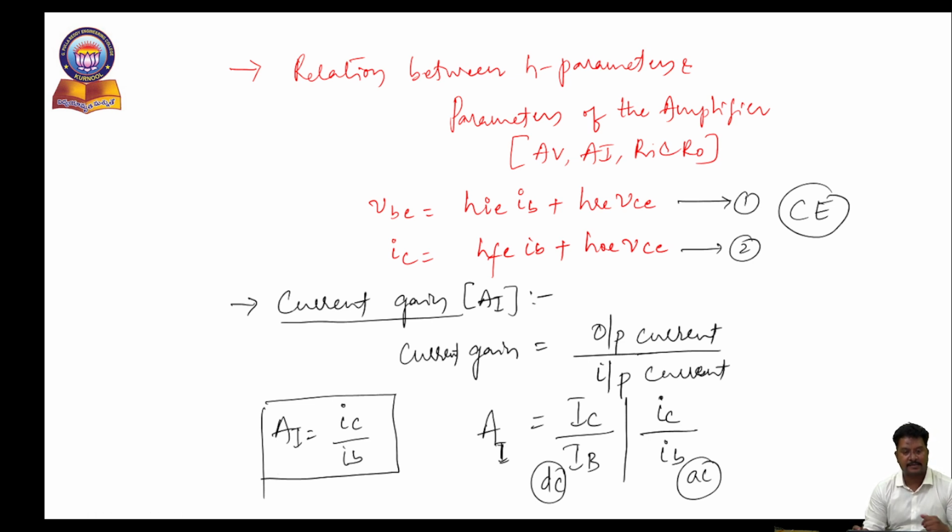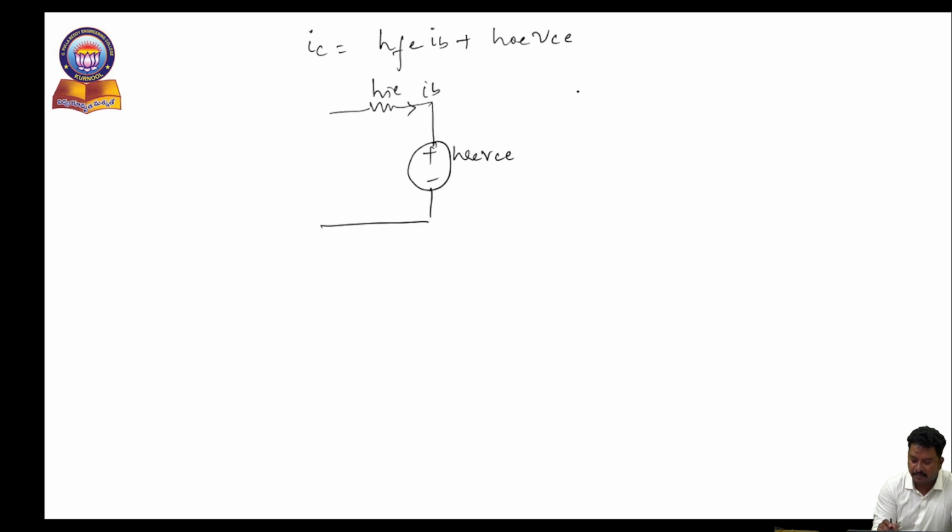Now we have to extract this current gain with respect to the H parameters. For that purpose, I am considering the second equation once again: IC is equal to HFE into IB plus HOE into VCE. As we know, the AC equivalent model of a transistor consists of four parameters: HIE, HRE, VCE, and of course this is IB, where I am using the common emitter configuration.